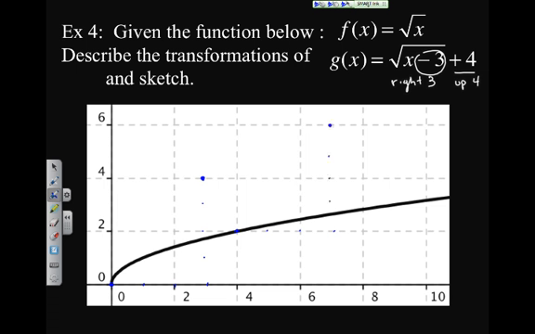So it's going to go through there. We also have one other point that's a little bit more difficult to see, the point 1, 1, and that's going to move to the right 3, 1, 2, 3, and up 4, 1, 2, 3, 4. So now knowing we've got these 3 points, we're going to get our shape.